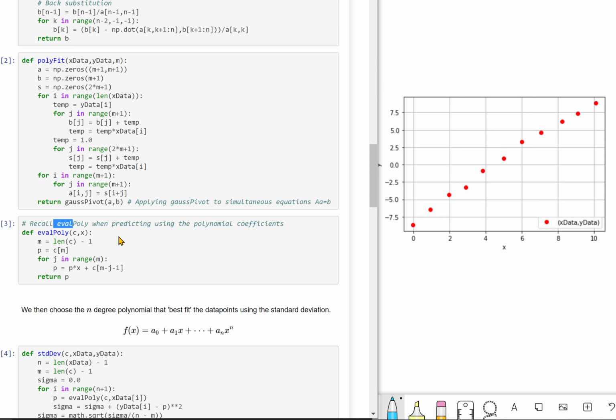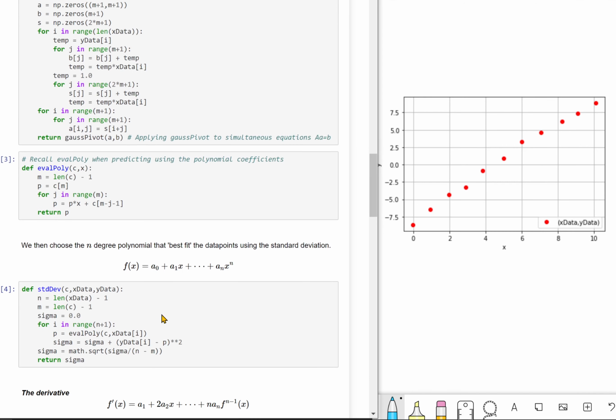So for the polynomial with degree n, you have f of x. It's quite familiar to us, this very simple polynomial. Then we use the standard deviation to choose which polynomial degree n to use.